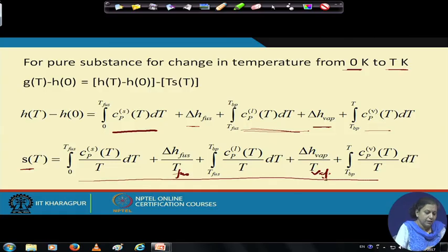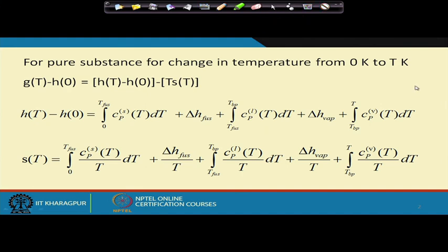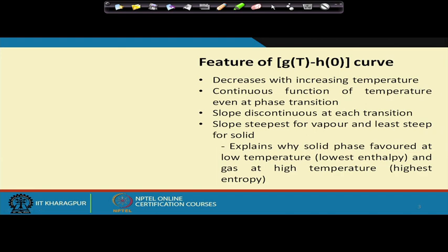Let us see the nature of the G_T minus H_0 curve. In this particular case, what should be the nature of the curve? Let us see.